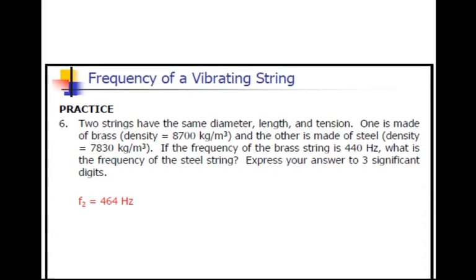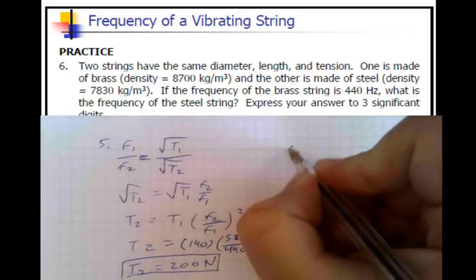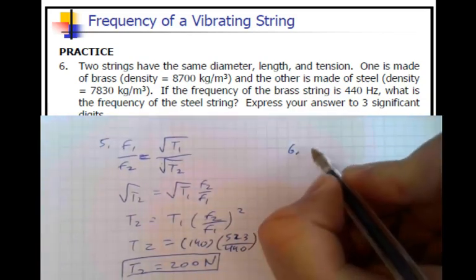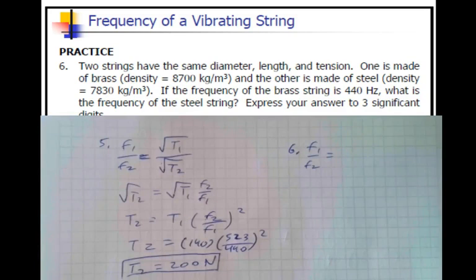Two strings have the same diameter, length, and tension. One is made of brass, so it has a different density than the other, which is made of steel. If the frequency of the brass string is 440 hertz, what is the frequency of the steel string to 3 significant digits? Okay, let's look at the comparison for density.